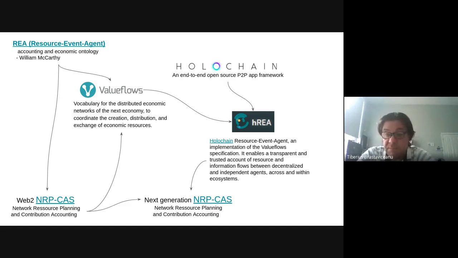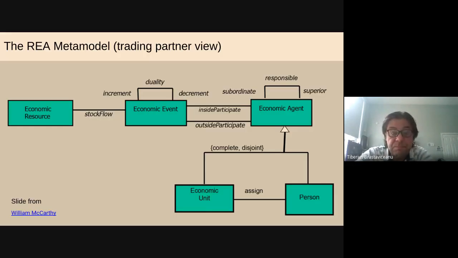Okay, so we're open to work with both ecosystems, the Holochain ecosystem and the blockchain ecosystem, just to see where these things can lead. And Sensorica could be this place where we experiment with these prototypes.